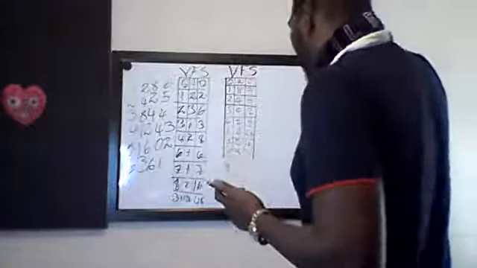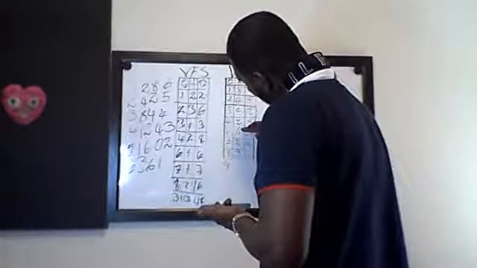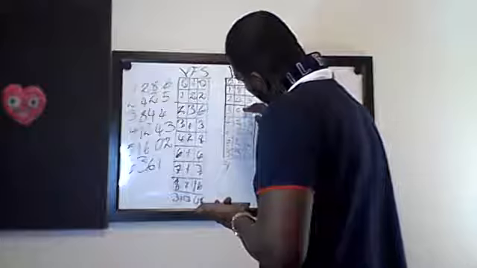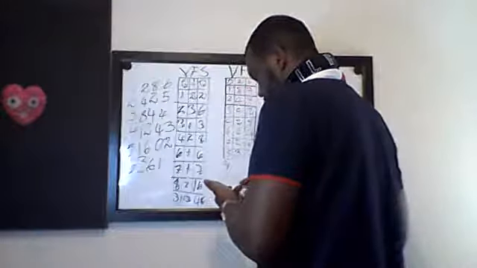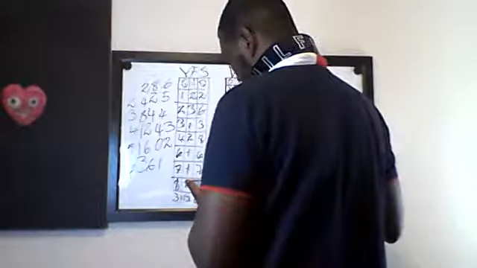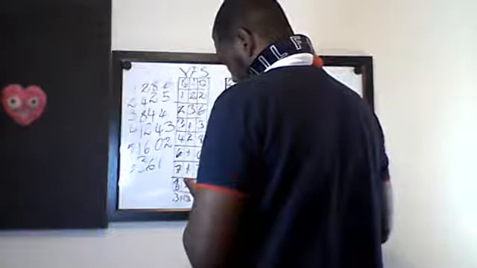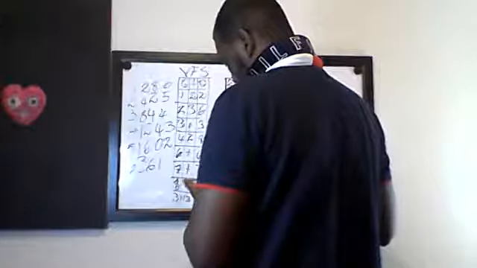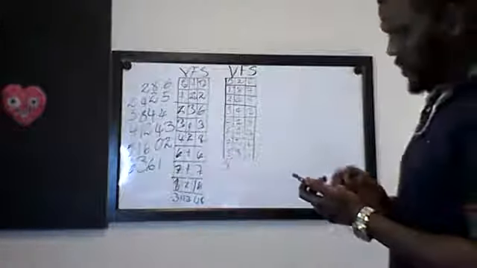Okay, now let's do this one. 5, 9, 11, 15, 19. I was right there. And I said 19 plus 8, 27, 29.